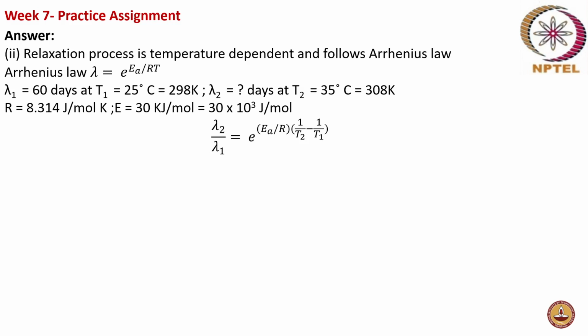You can just take it in this way. For one case, they have given lambda 1 as 60 days when the temperature is 25 degrees. Similarly, for the other case, the temperature is 35 degrees, but you do not know the lambda. But you have the value of E as well as R. So just substituting all the terms, the only unknown is your lambda.